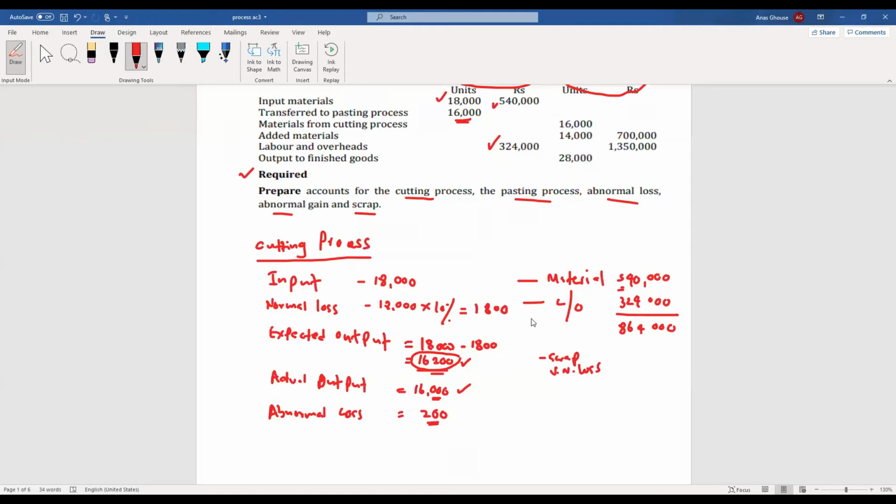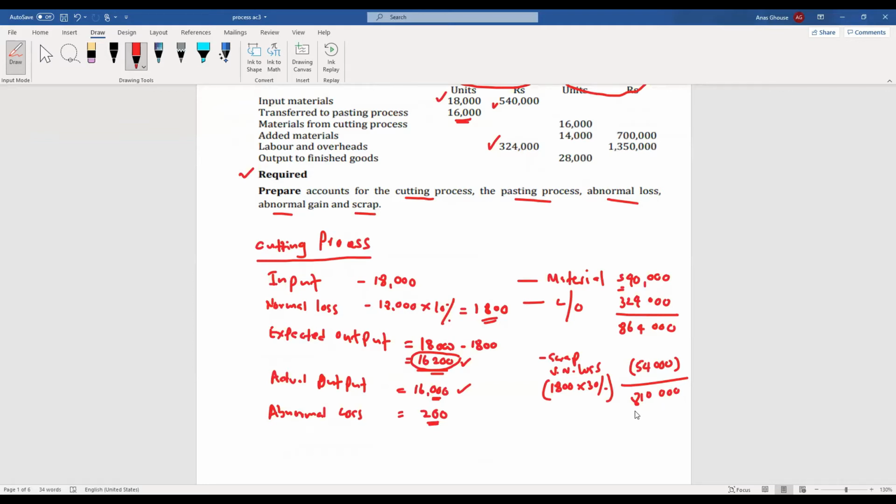So our normal loss is 1,800 units, which could be sold for 30 per unit. So the scrap value of the normal loss that could be realized is 54,000. So 864,000 minus 54,000 is 810,000.